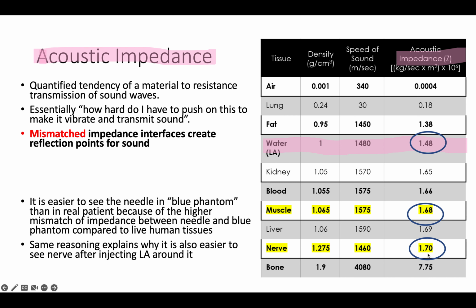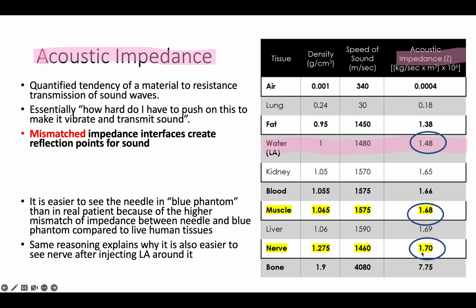So this explains, for example, why we might have trouble sometimes seeing a nerve, really discerning the nerve, when we have muscle as the background for the nerve.